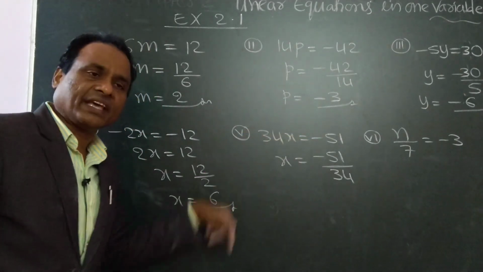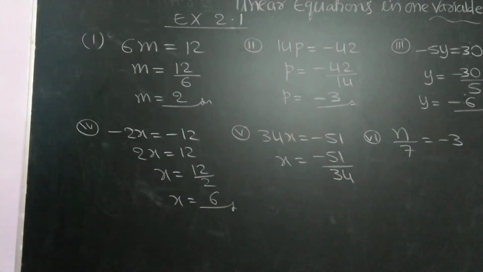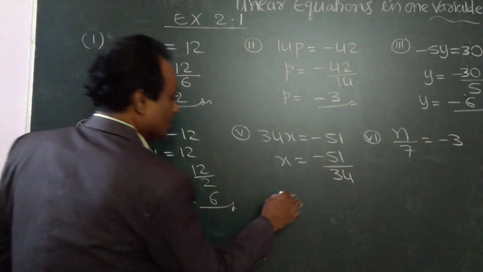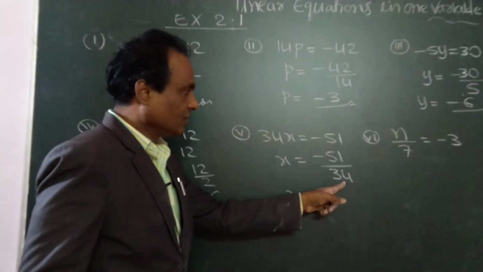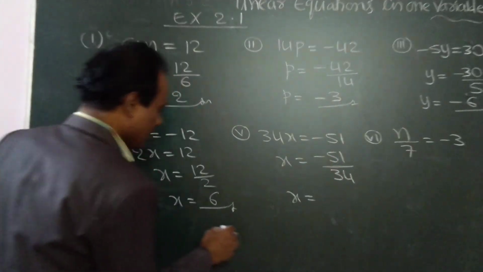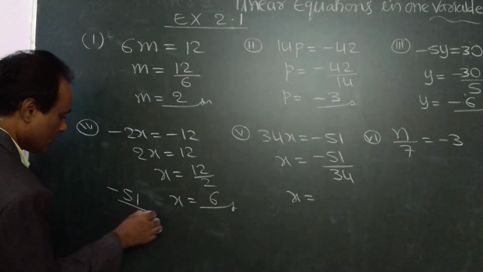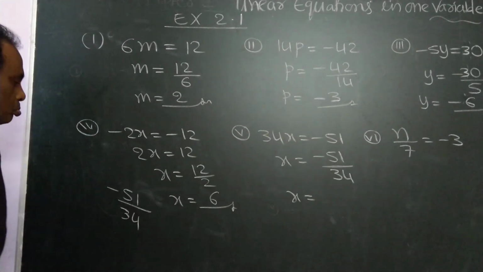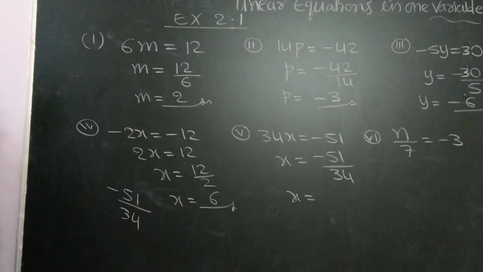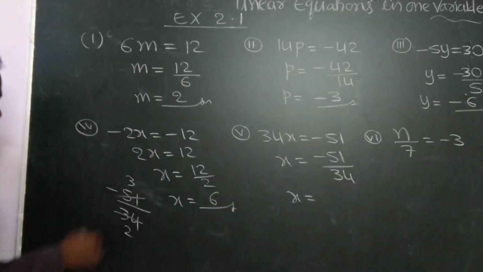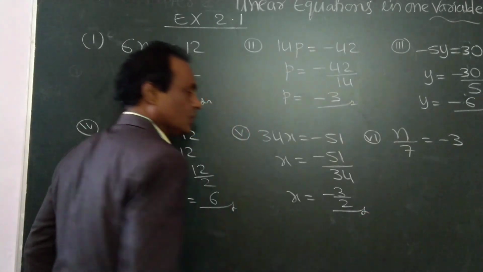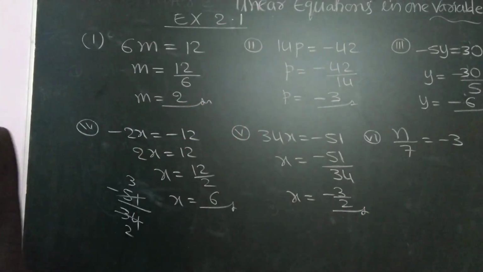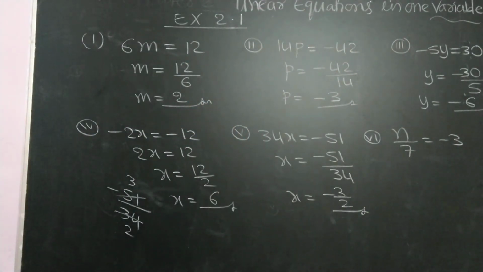Can we cancel with any table? 17 table. 17 twos are 34. 17 threes are 51. You cancel with the 17 table.